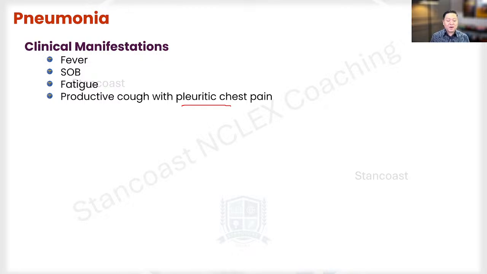Then they are going to hold their breath. Remember our discussion of pleurisy, or pleuritis, and the kind of pain where they end up holding their breath. They don't really want to do a whole lot of deep breathing, and so this can lead to more problems, like hypostatic pneumonia.